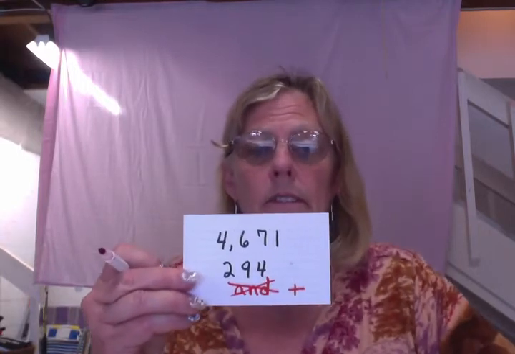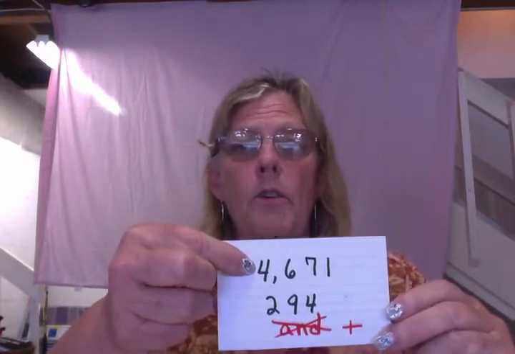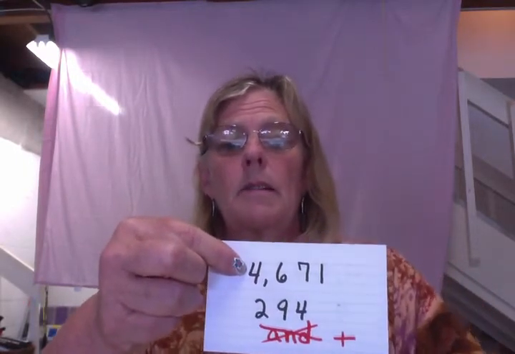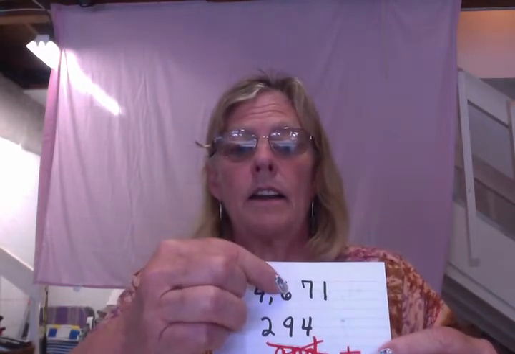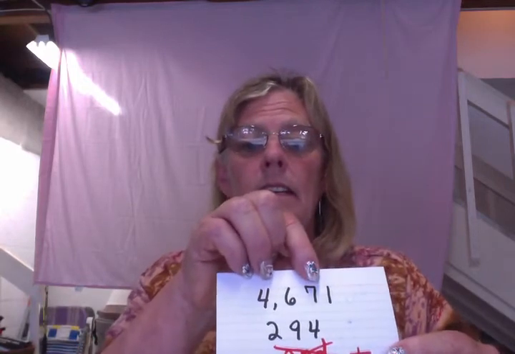And when we do that, you're actually putting in a word we don't want in place of the symbol we do want, which is the plus. Okay. So when we're writing this number out, either in expanded notation or in the written form, we would be writing 4,000s plus 600s plus 7 tens plus 1.